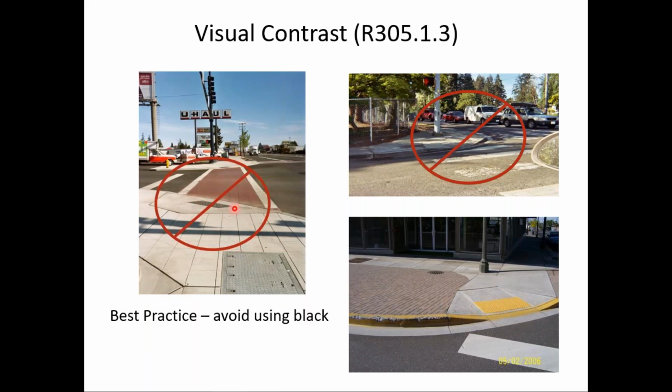Probably best contrast would be black on light concrete, but we've learned from experience that guide dogs and people with certain types of macular degeneration perceive the black mat as a hole in the sidewalk and will actually walk around it. So it's not prohibited by PROWAG, but my advice would be to avoid using black. Use another color rather than black.